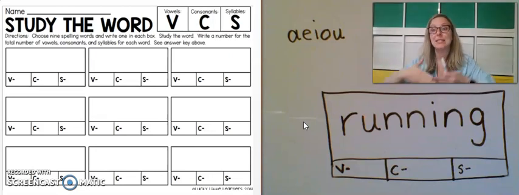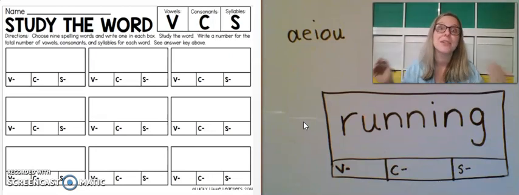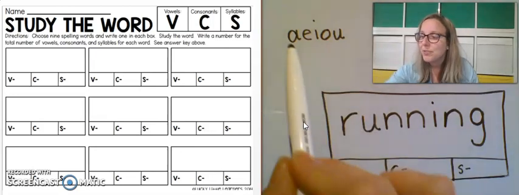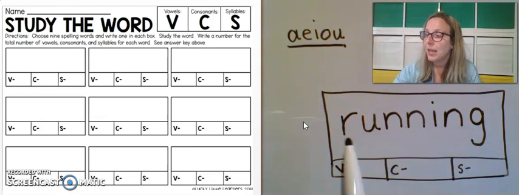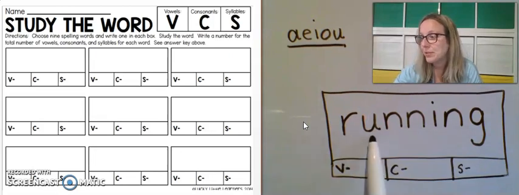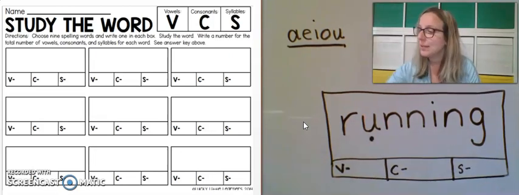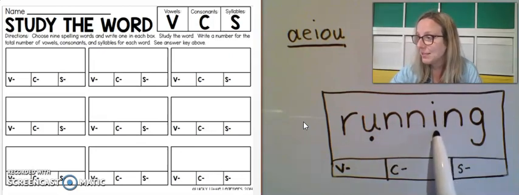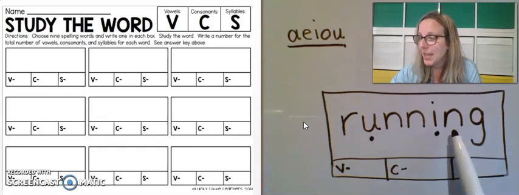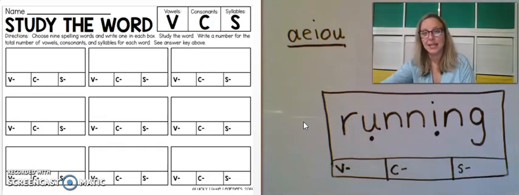So anytime I see letters that aren't vowels, I know they're consonants. So let's go through first and look for any vowels that we see. Okay, nope. Oh, here's one. So I'm going to put a dot underneath it. N is a consonant, N is a consonant. Oop, I, that's a vowel. Put a dot under it. N is a consonant, and G is a consonant.